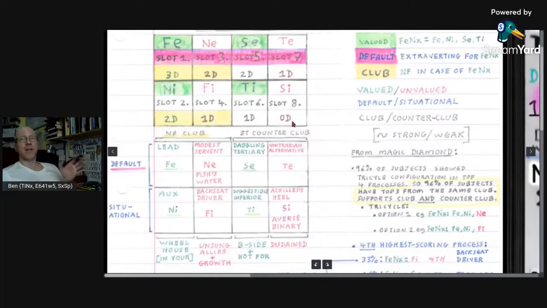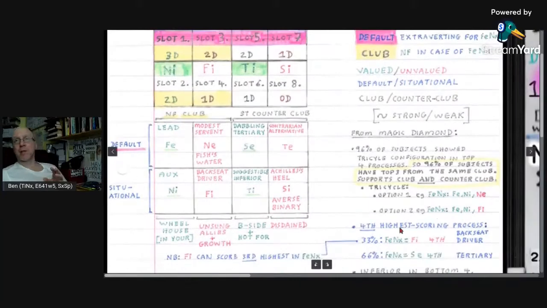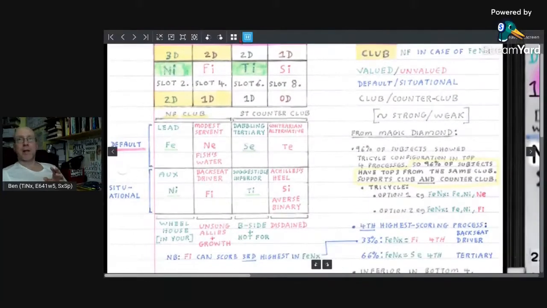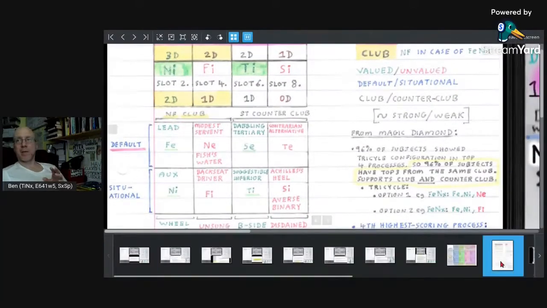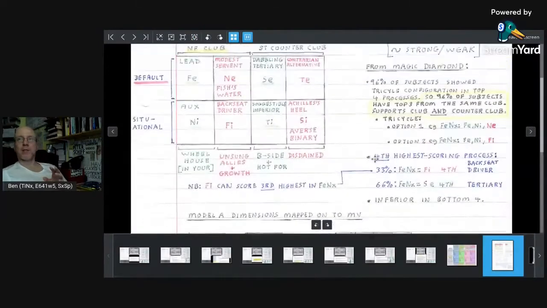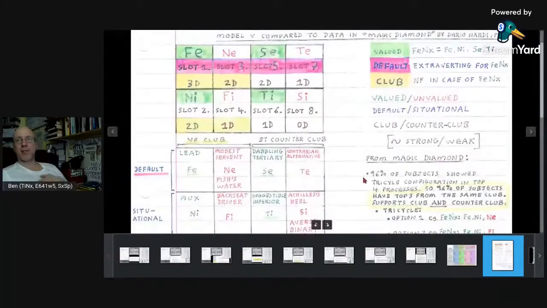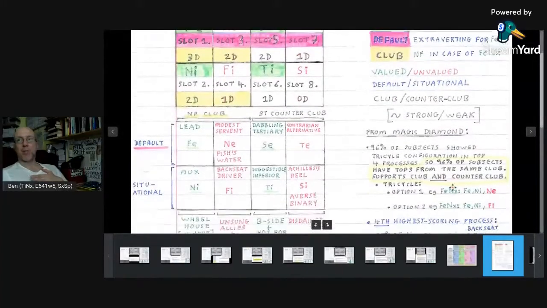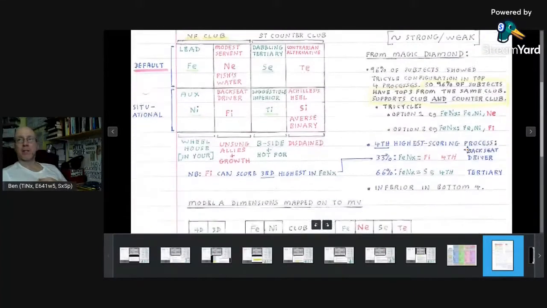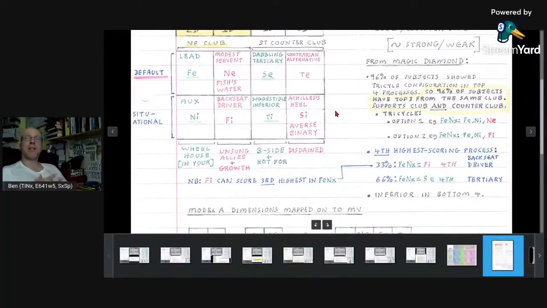And again, this is a model which has had quite a bit of input from the empiricals in terms of the information. So what I'm going to do is put some of Dario Nardi's data on screen, to show where this comes from and the consistency with this slot. So for example, and I've done this for the example of ENFJ, 96% of subjects showed a tricycle configuration in the top 4 processes.